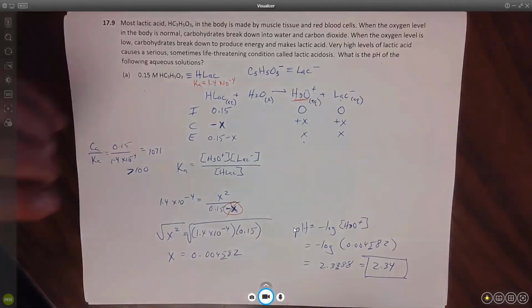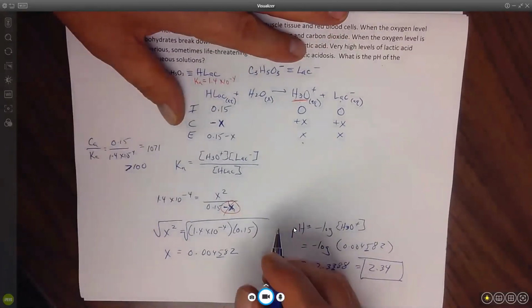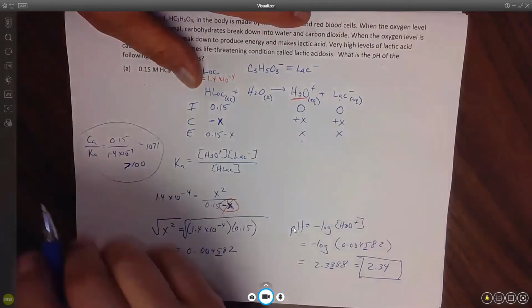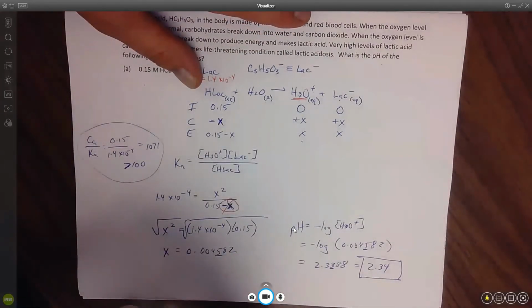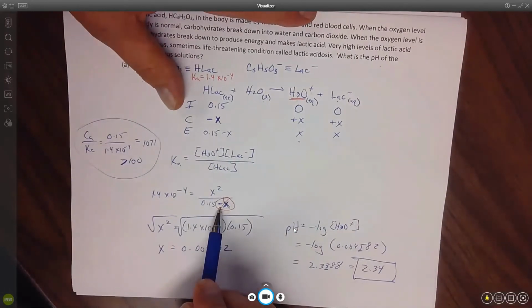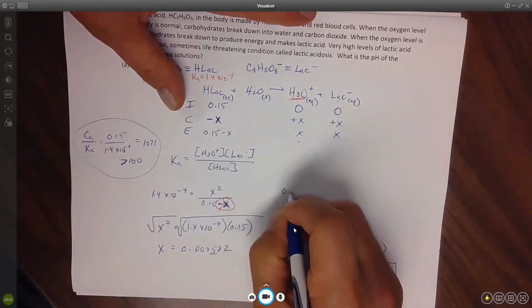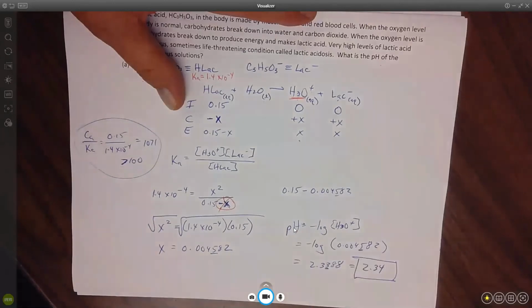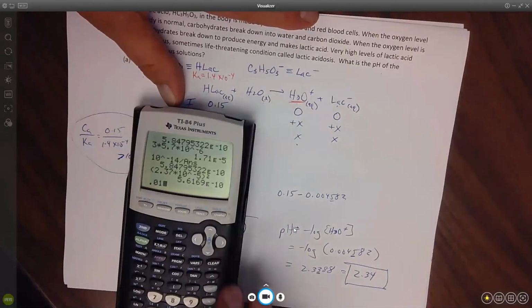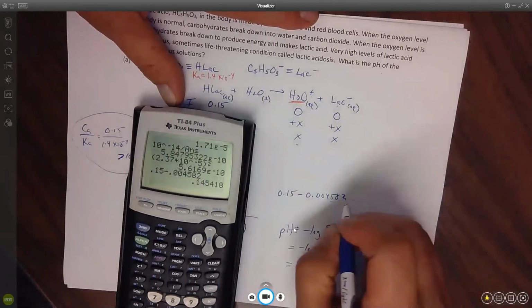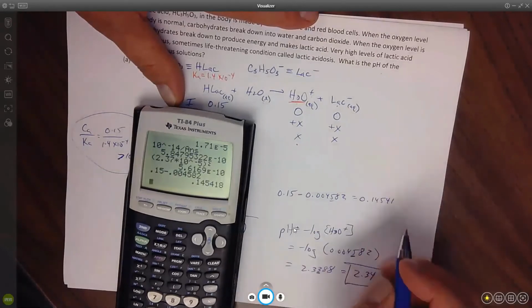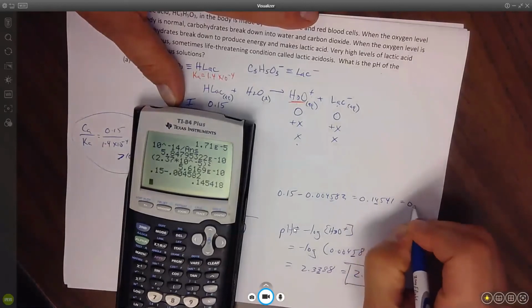I agree with you 100%, but what I would want you to show me, I either want to see this when it's appropriate for just the dissociation of an acid or a base, not with a common ion, or you could say, I assume that that is too small, and then say, okay, 0.15 minus 0.004528 is equal to 0.14541, but we want it to just 2 sig figs, which would be equal to 0.15.